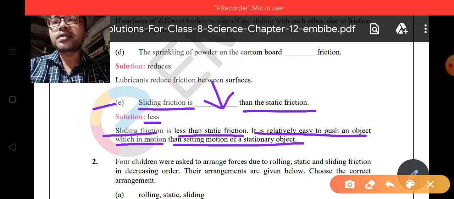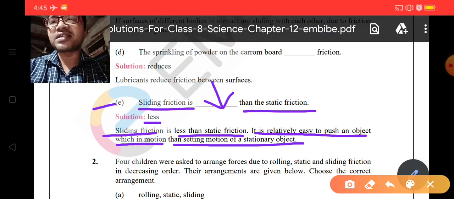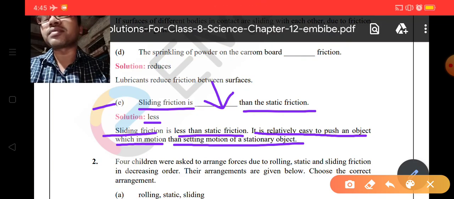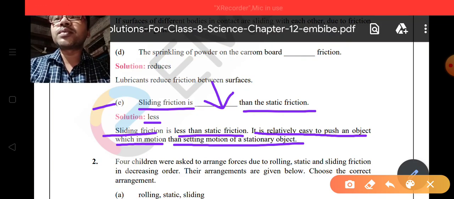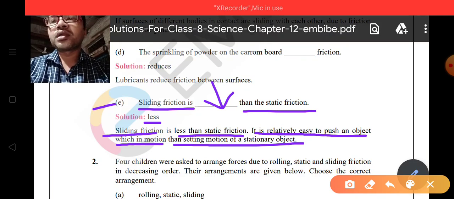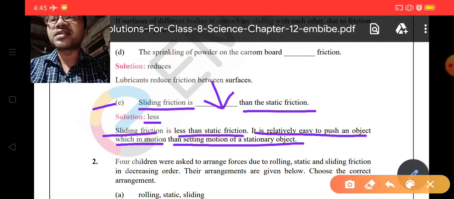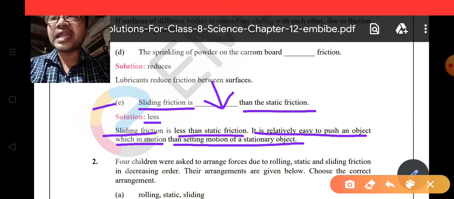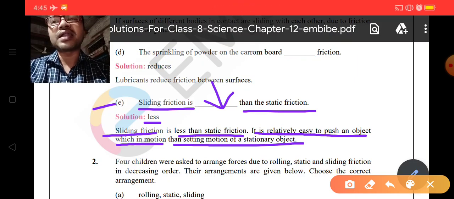You can write that sliding friction is less than static friction, or you can write static friction is greater than the sliding friction. The two statements give the same meaning. Okay, so let me repeat: sliding friction is less than the static friction, or static friction is greater than the sliding friction.